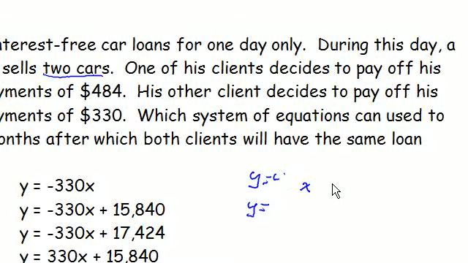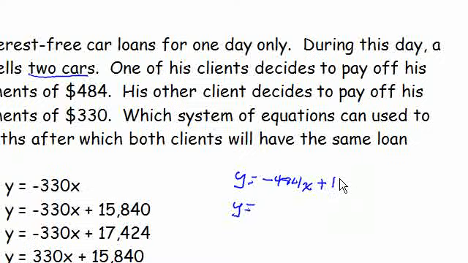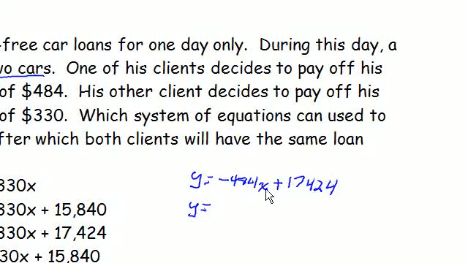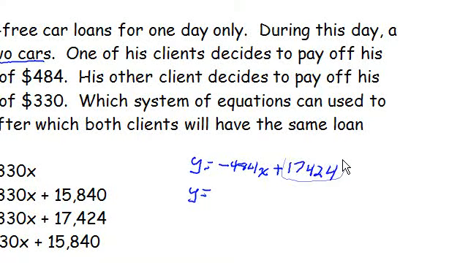So we need to be very careful and make sure that what we write communicates the fact that his loan balance decreases every time he makes a payment. So I'm going to write a negative 484 times X plus 17,424. So every month he takes away 484 from this loan balance.